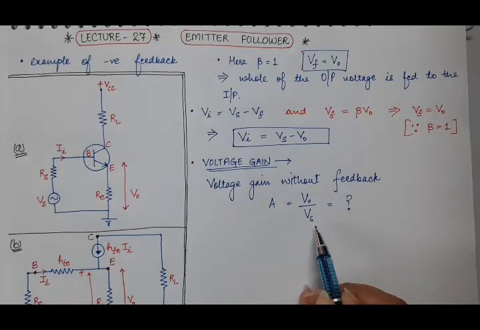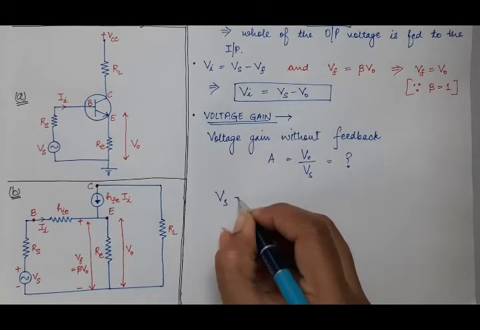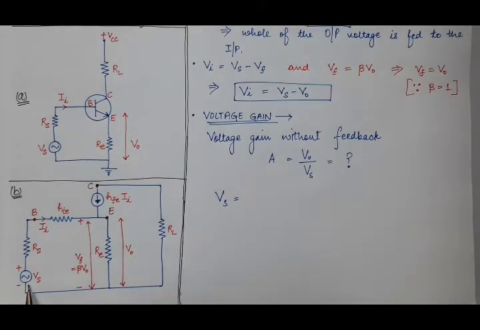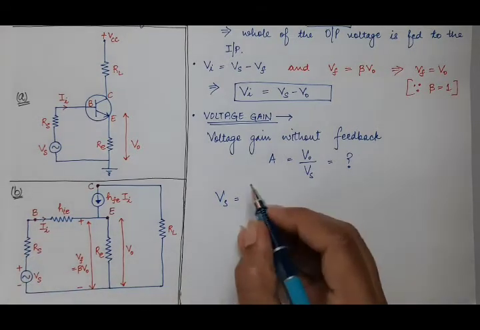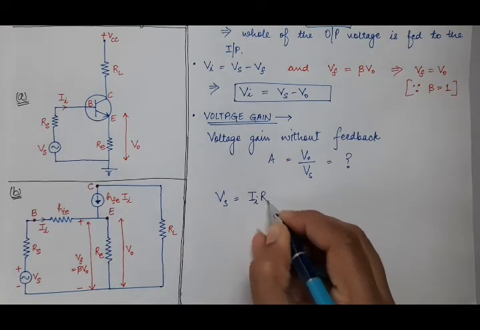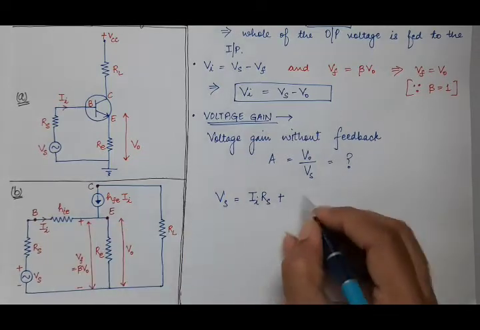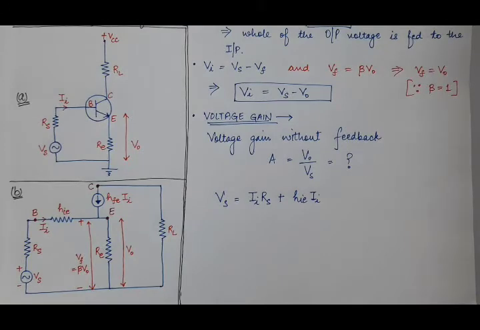So what will be the value of Vs? Vs is the input signal voltage. According to Kirchhoff's voltage law, it will be equal to Ii Rs plus hie into Ii, because hie represents the input impedance in the case of hybrid parameters.